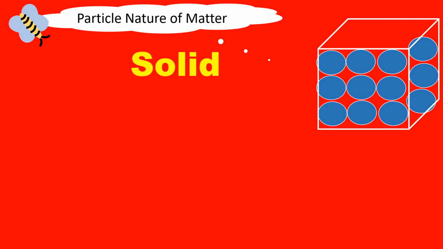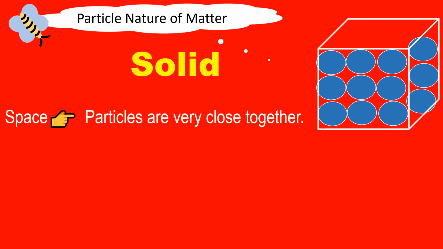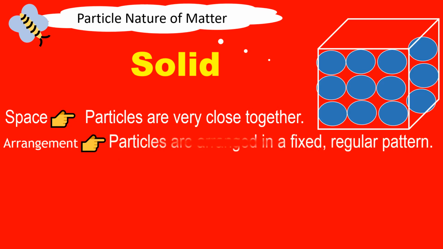Okay, so let us study the behavior and properties of particles in solid. Let's study the space between particles, the arrangement of particles, and the movement of particles in solid.